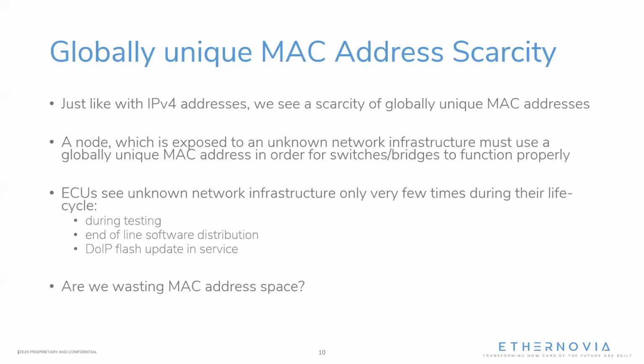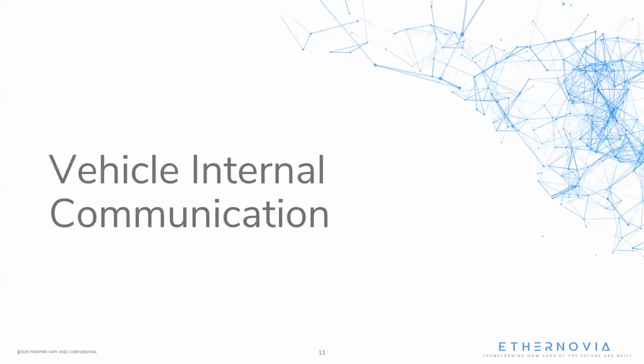And so there is a valid question whether the concept of having layer 2 access to the vehicle is not actually wasting MAC address space, and whether we really need all of those addresses to go into vehicles. While this is all discussion about the external network, there is also, of course, a question: how does this all interoperate with vehicle internal communication?